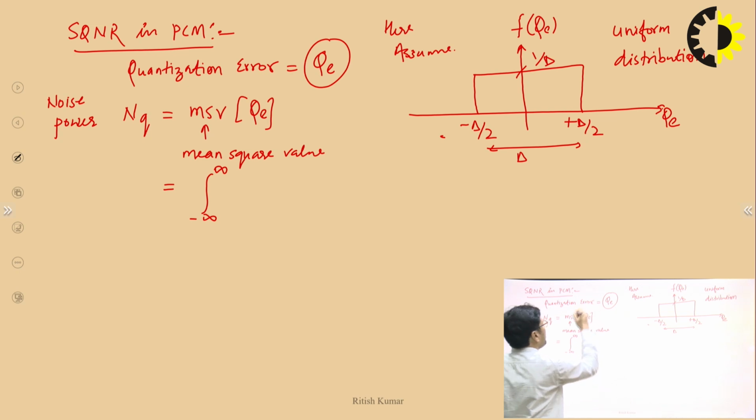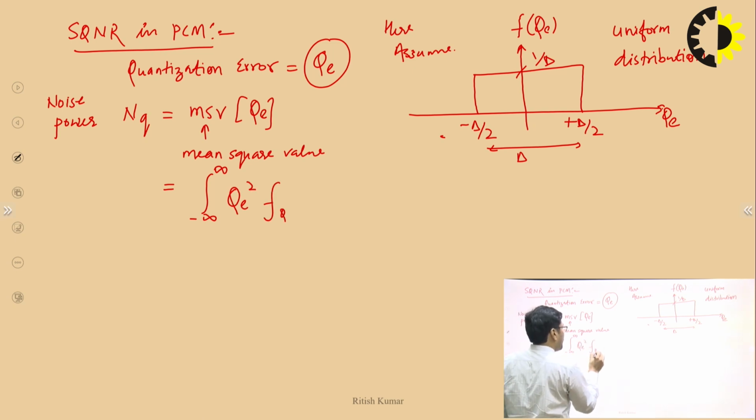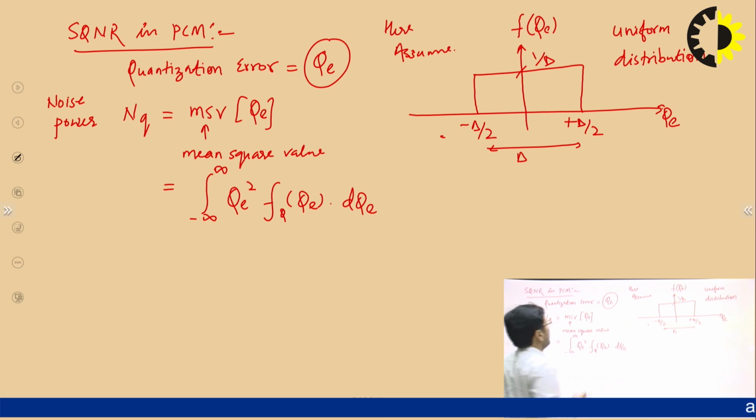Here the random variable you are considering is QE. So as we know x square fx dx, so here x is replaced by QE square, f of QE and dQE. So this is the formula for mean square value for quantization error.